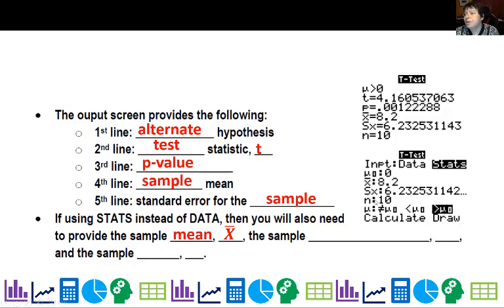Notice how it says X bar there. And you'll need to provide the standard deviation for the sample, or standard error, depending how you word it. And then the sample size, N, which is 10. And you're still doing the alternate hypothesis the same way we did before. Pick the one that matches your alternate, and then you hit calculate, and you'll get a very similar response right there.